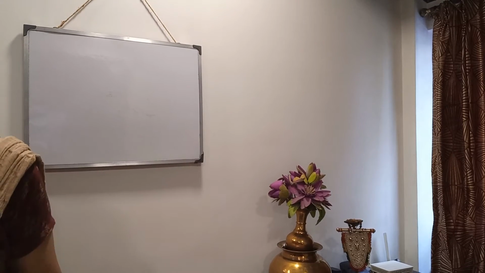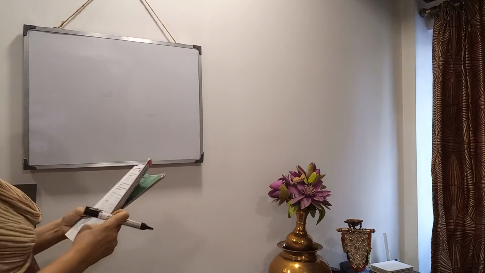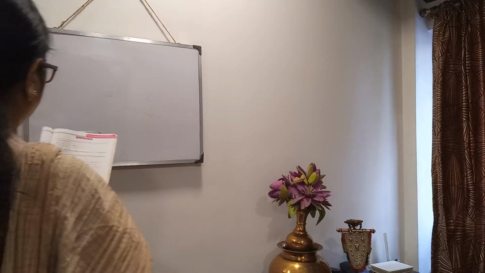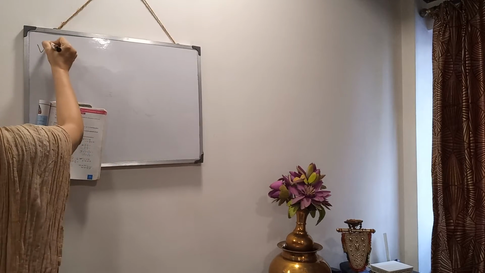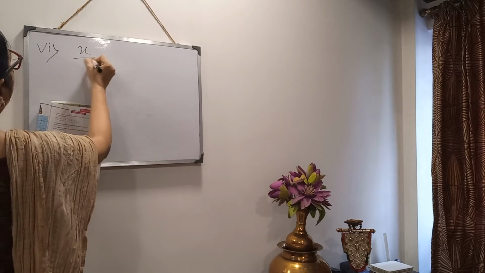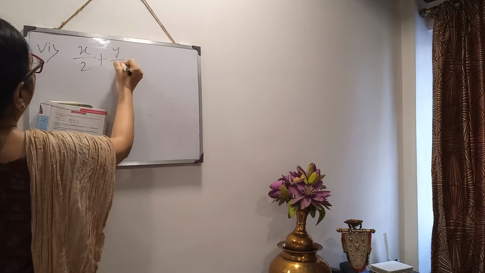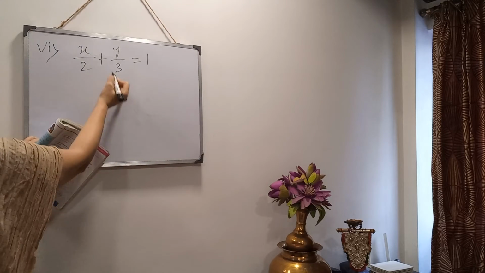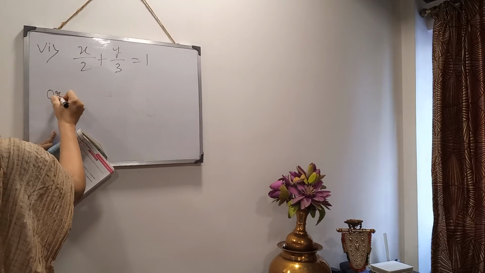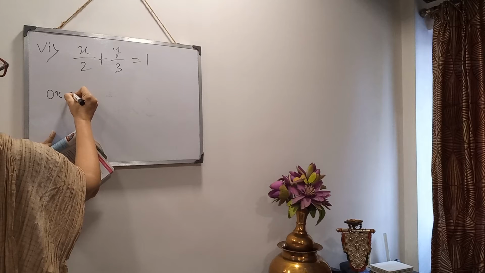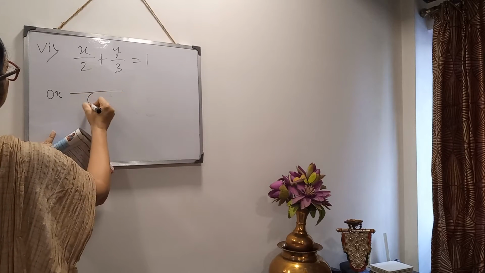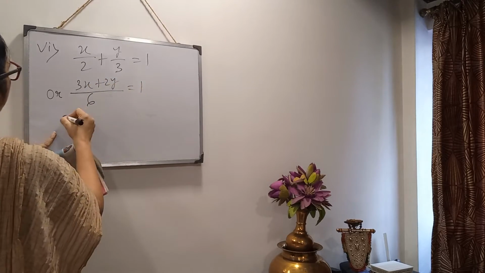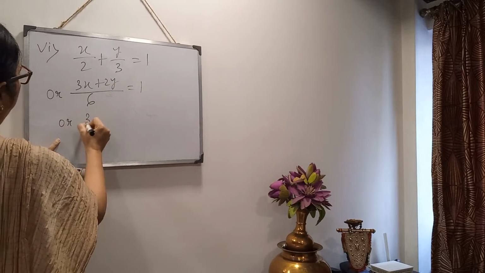If the equation is this type, then what to do? Suppose number 6. If the equation is this type, first I will take the LCM. Clear? Then 3x plus 2y equals 1, or cross multiply.